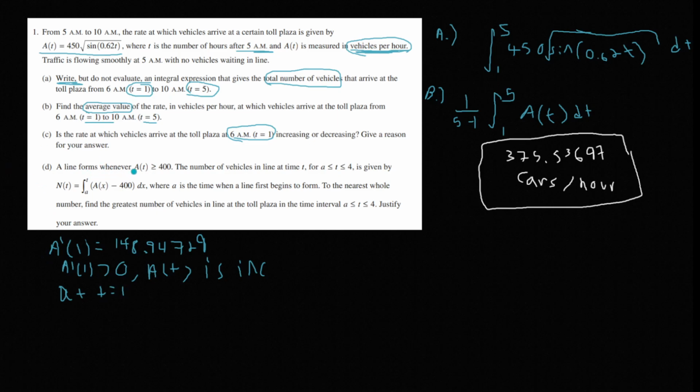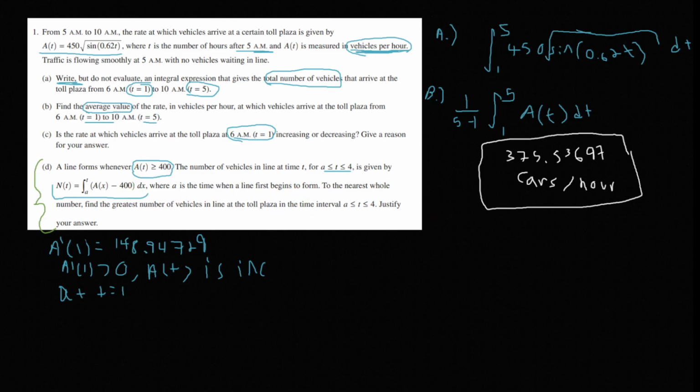A line forms whenever a of t is greater than 400. Alright, and the number of vehicles in line is given by this. So we have another integral here. So this is definitely where most of the points came from on this question. I can just see that there's a lot of steps to this.